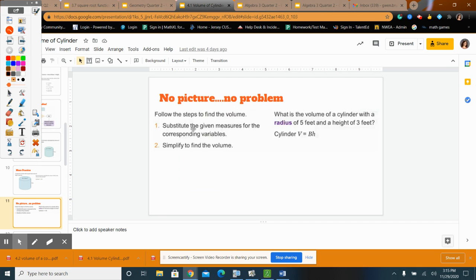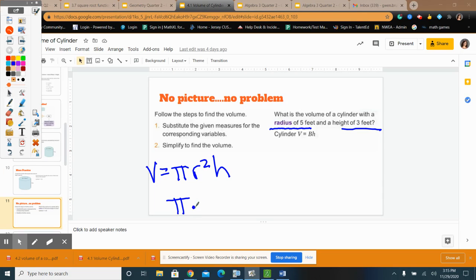Let's try this one. What if they don't give you a picture? Well, that's not a problem because we know our formula. Our formula is pi r squared h. So if they're talking about a cylinder, the radius is 5 and the height is 3, we can plug it right in. The radius is 5, so that's pi times 5 squared times the height, which is 3. And again, you could do exact or you could do approximate, depending on what you're looking for.